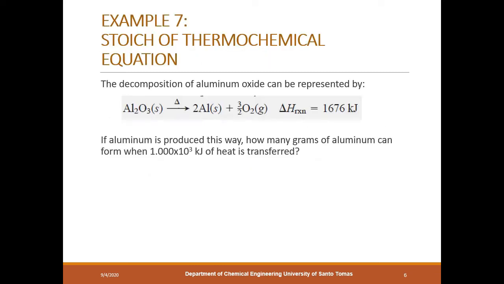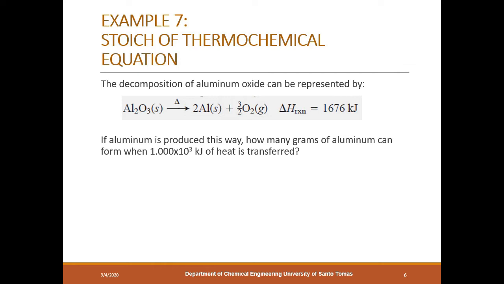Now we proceed to example 7 of the module on thermochemistry. The problem says that the decomposition of aluminum oxide can be expressed by this given equation, that 1 mole of aluminum oxide, once heated, will produce 2 moles of solid aluminum and 1.5 moles of oxygen gas, with a delta H rxn of 1,676 kilojoules.